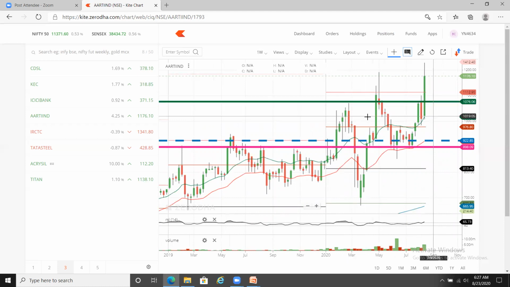It tried to surpass it thrice, actually 4 times, and then finally last week it zoomed and closed way above that resistance line. So from now onwards, the support for Aarti Industries will be around 1075. That is how you can use this on the weekly chart.